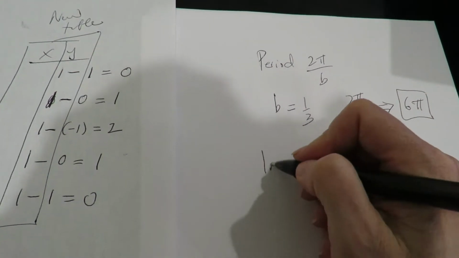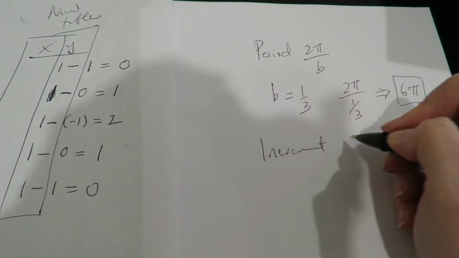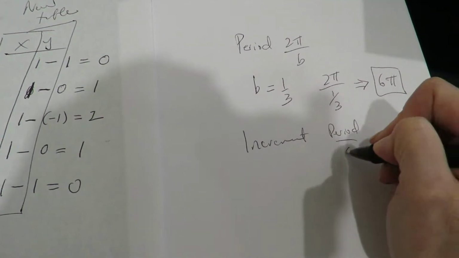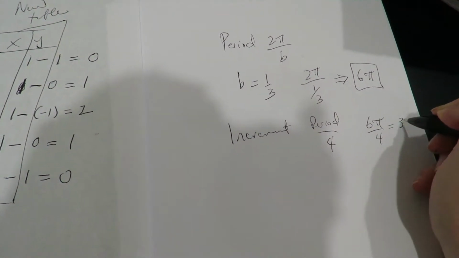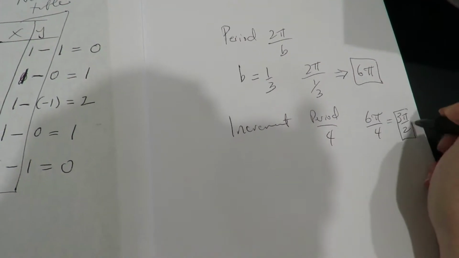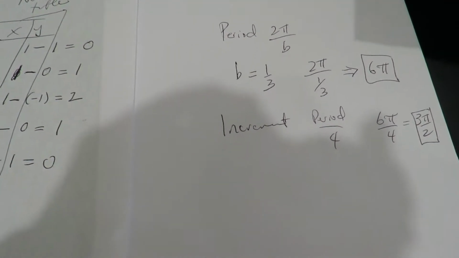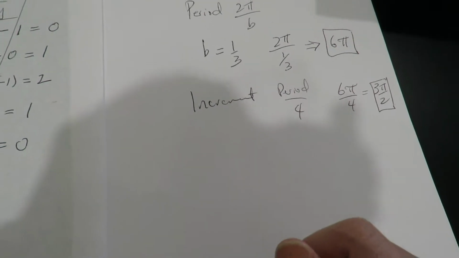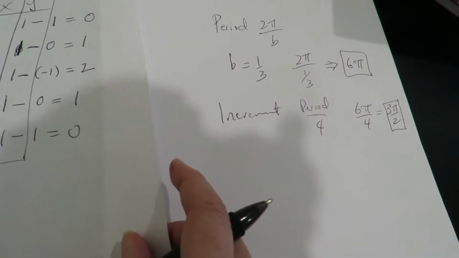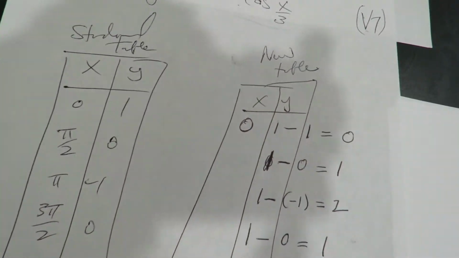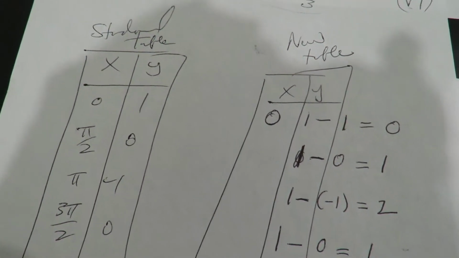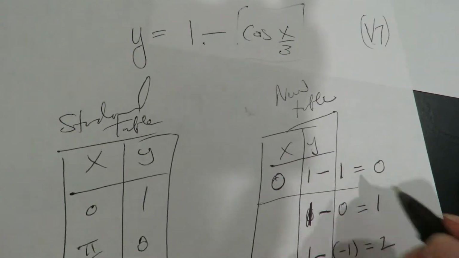The formula for the increment is the period over 4. So it's 6 pi over 4, which is 3 pi over 2. That is the jumps between the points. There is no c value, it's not pushed left or right, so I can assume that we start at 0. If you're not pushed left or right, you start at 0. So you can always assume that.